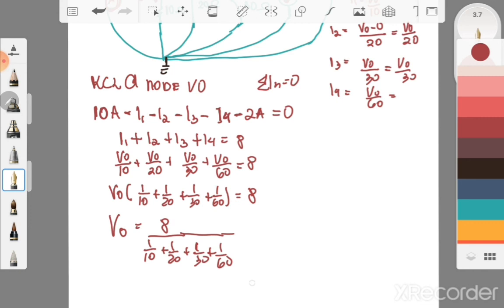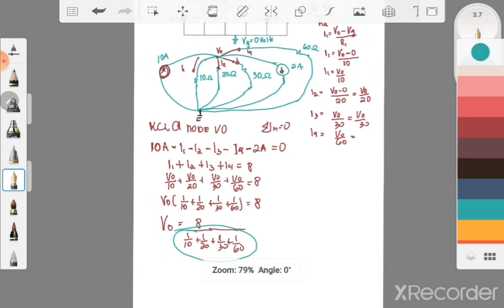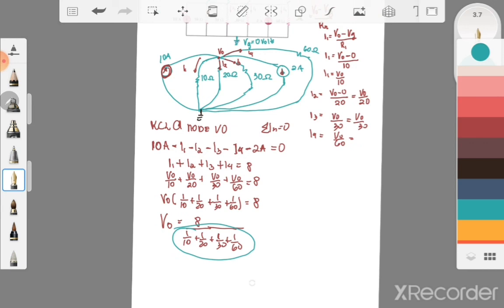So guys, observe carefully, this is the total of your parallel resistance, right? If you still remember our first lesson. Okay? So calculate the VO using your calculator. If you have a calculator there, please take it out, then solve.